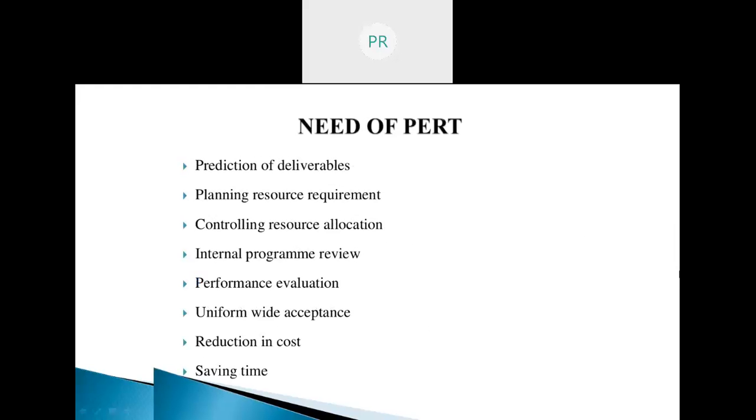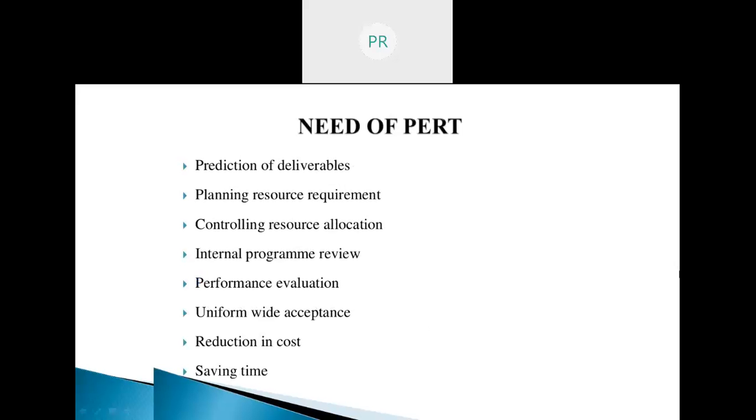Okay, moving ahead. Needs of PERT. Prediction of deliverables. Basically, in a project, there are many tasks or subtasks. So, how much time is required to accomplish that task? PERT helps the project manager to evaluate the total time required and helps in prediction of the deliverables.